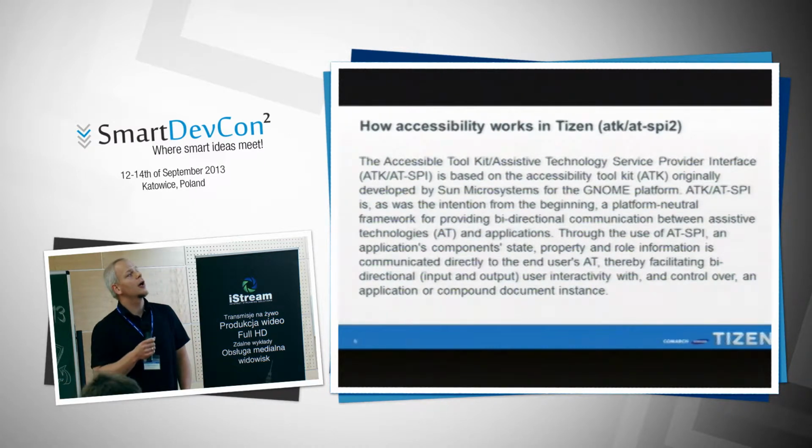ATK and AT-SPI2 are the accessibility toolkit and the assistive technology service provider interface, and those technologies were originally developed by Sun Microsystems, and now we adapt them to the Tizen platform.